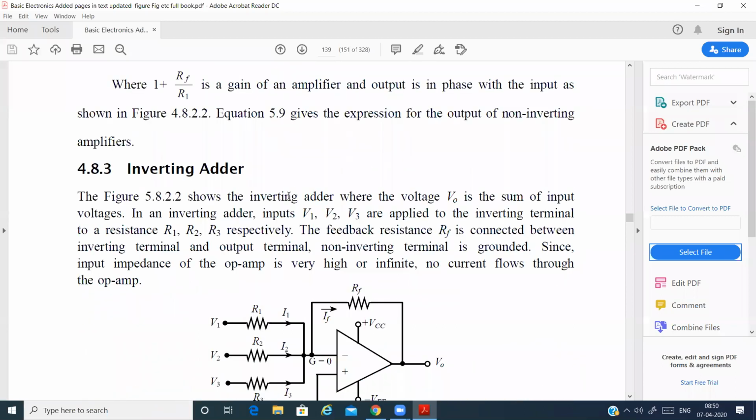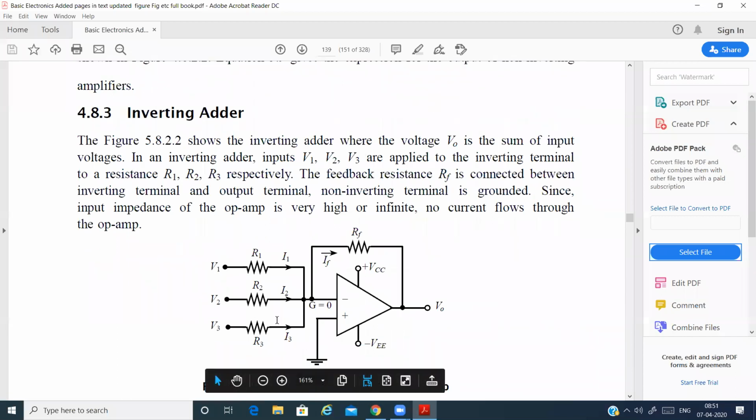Till now, we discussed a single input getting amplified, whether it is given to the inverting terminal or to the non-inverting terminal. Now, suppose multiple inputs are being given and I want to add these multiple inputs and amplify them. You can do it in two ways. One is taking the multiple inputs to the inverting terminal, adding them and amplifying them.